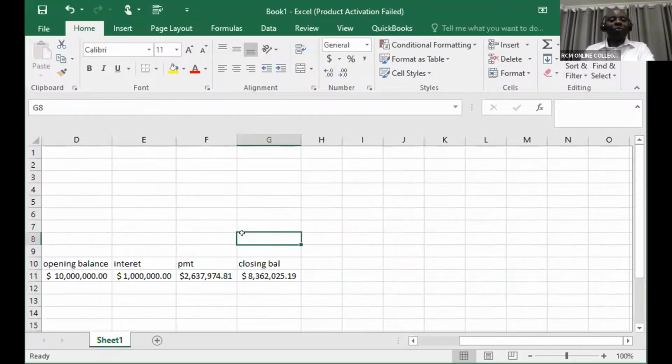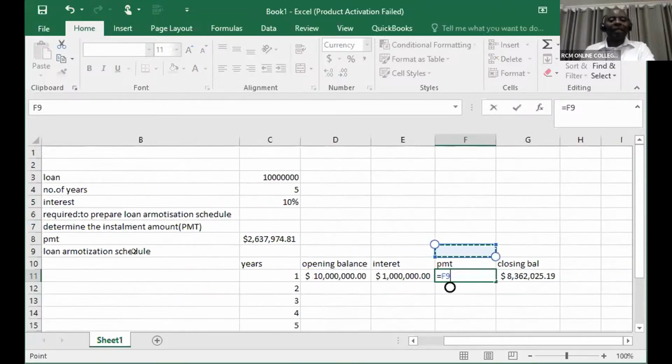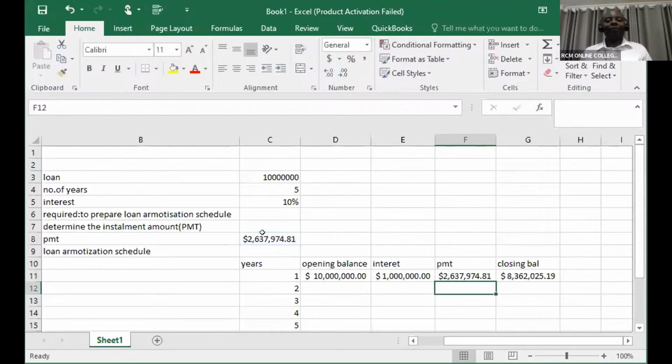You can even grab it, pull it again. You can just say equals. Escape. I think you are. Yep. Before you say enter, say F4. Say F4. Great. Now say enter.